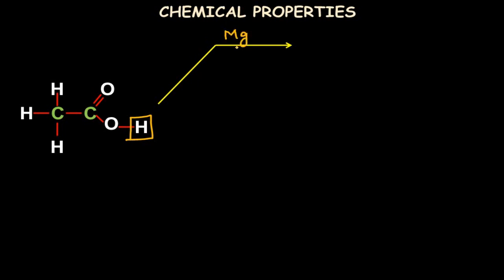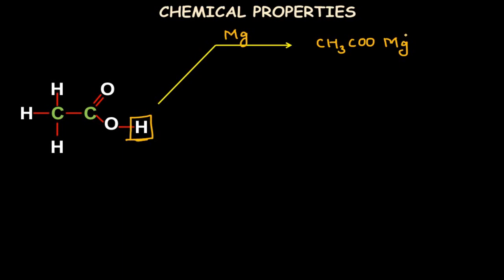As we have seen in our earlier videos on acid reactions, when an acid reacts with a metal, the hydrogen of the acid gets displaced by the metal. So if H gets replaced, we have CH3COO, and in place of H we write magnesium, because this is how a salt is formed: the hydrogen of the acid gets replaced by the metal.